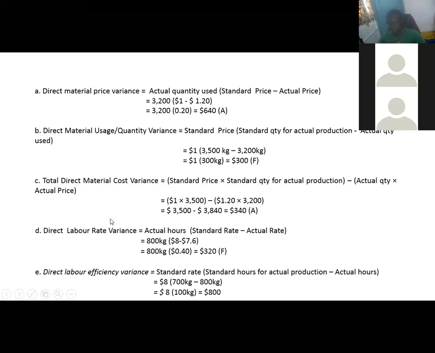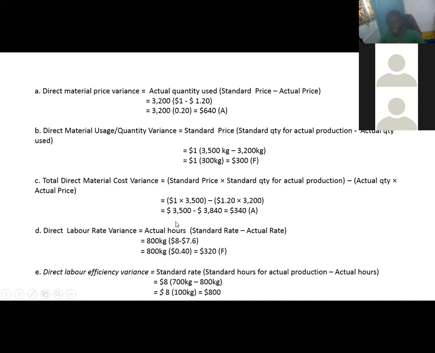And do not forget, the focus is on labor rate, so the rates will be in the bracket. So actual hours will be outside, and then standard rate and actual rate will be in the bracket.